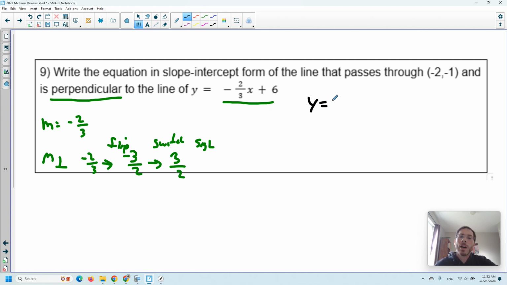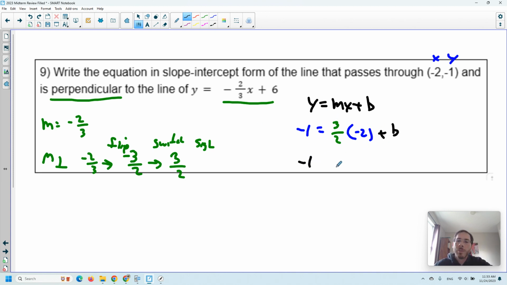So we go back to y equals mx plus b. We're given our points, so we're given the x and the y. So we have -1 equals 3 halves times 2 plus b. Now, the thing that's a little bit different with this one versus the last one we did is this time when we multiply these, we just get a nice number. We just get 3.